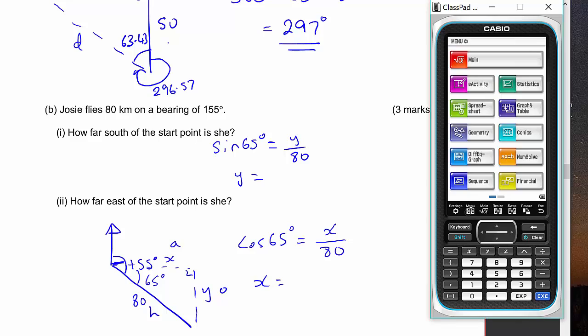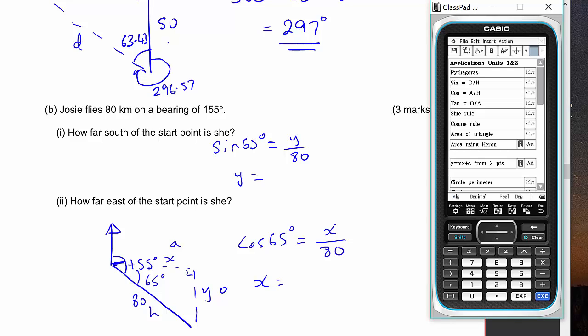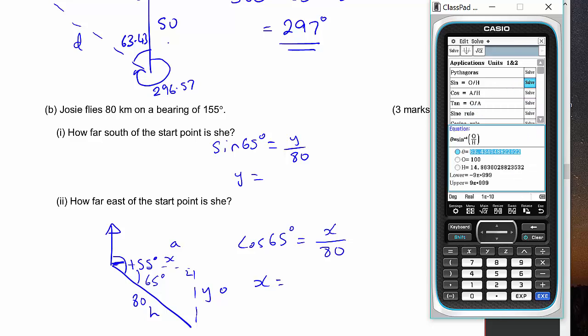We could go to the activity, and I can go to the sine activity. The hypotenuse is 80. The opposite is what we're trying to find, and the angle was 65. So we'll solve on that.